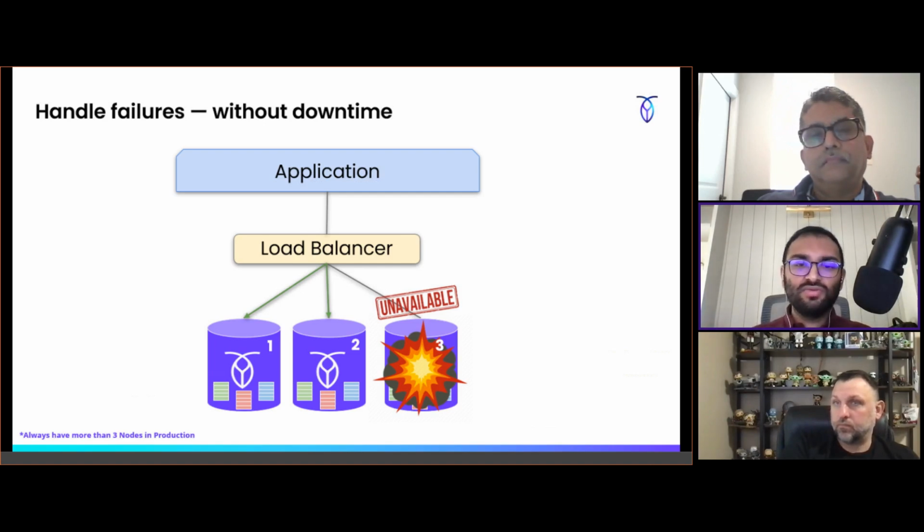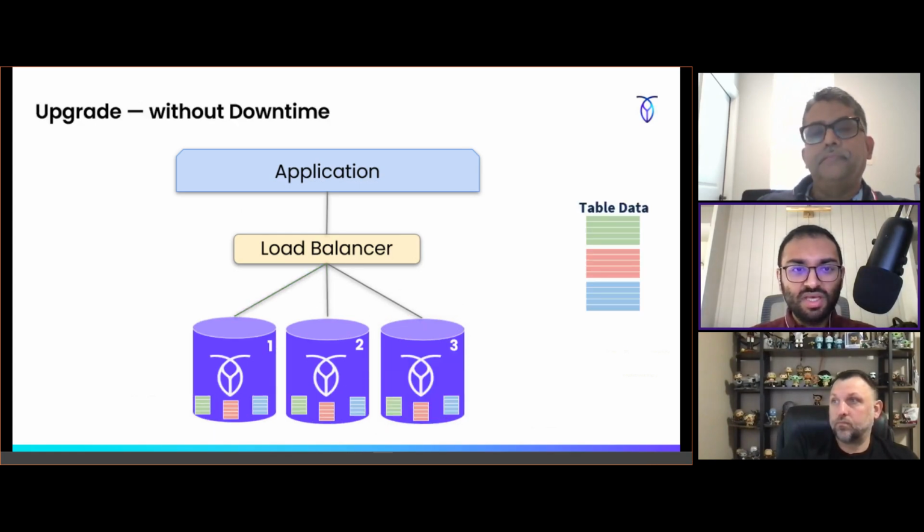But let's say you need to handle a more critical failure. You can always scale your database cluster across more nodes and more regions to create a topology that serves your purpose to survive the type of failures that you as an organization need to survive. And because of our distributed nature, we can upgrade without downtime as well.